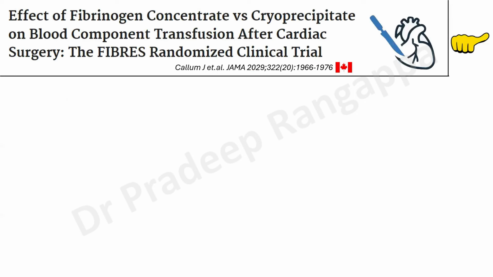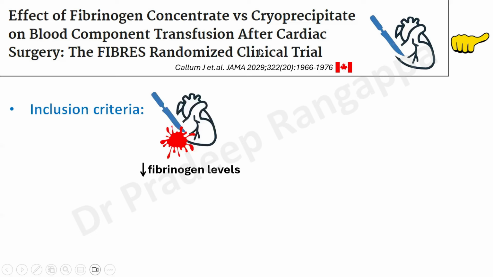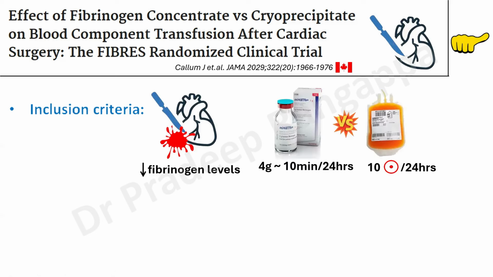So we had some body of evidence in trauma. How about cardiac surgery? This was a study that came in, I think it was JAMA 2022, from the Canadian group, called the FIBRES randomized clinical trial: effect of fibrinogen concentrate versus cryo on blood component use after cardiac surgery. The inclusion criteria were patients with cardiac surgery who had low fibrinogen levels and increased bleeding.